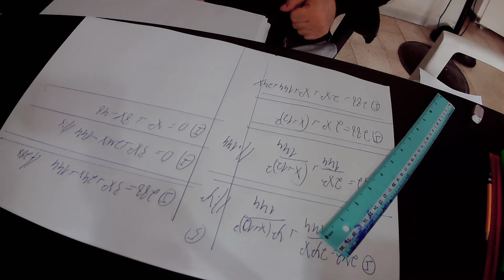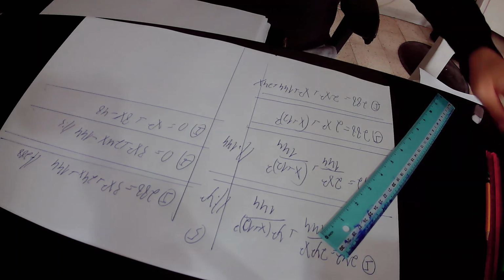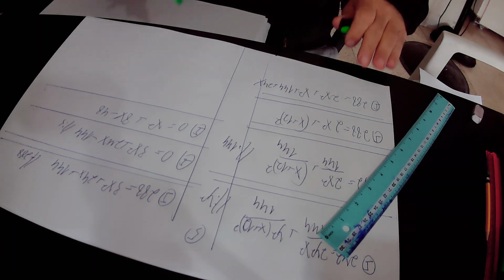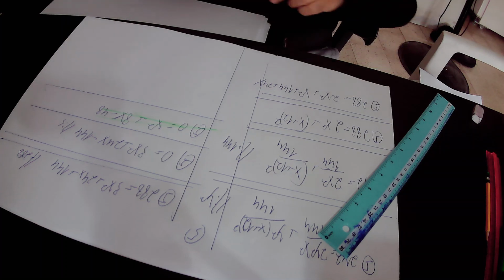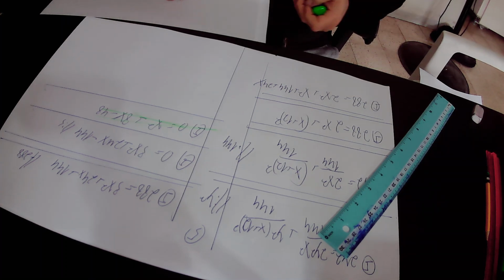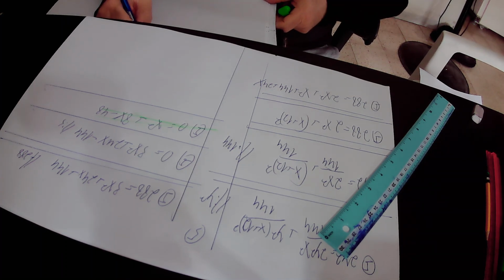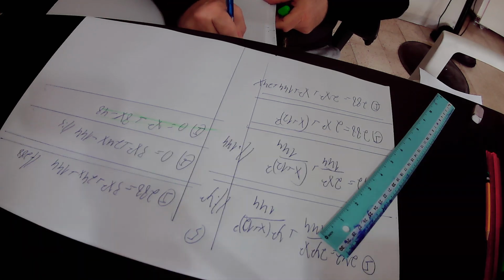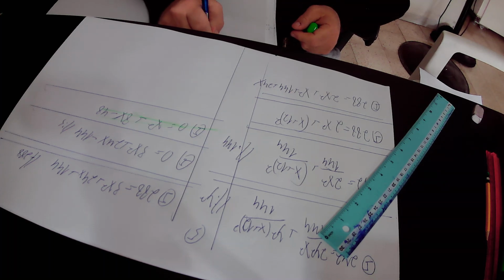So this is a quadratic equation. Here we have x squared plus 8x minus 48 equals 0.